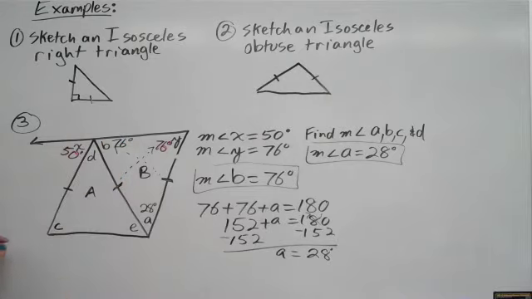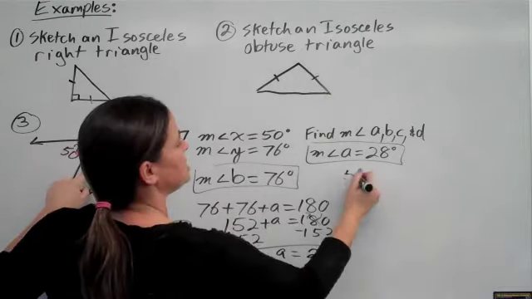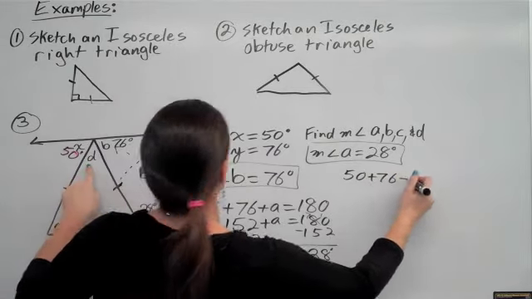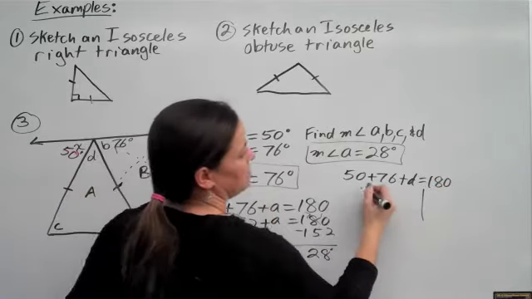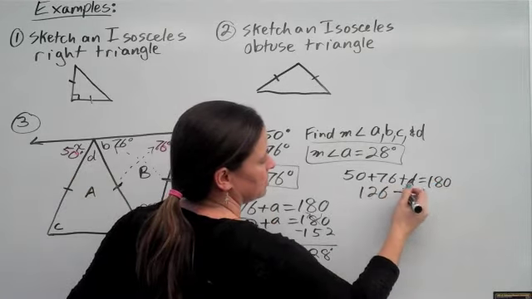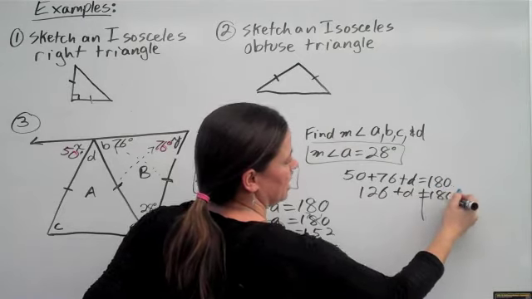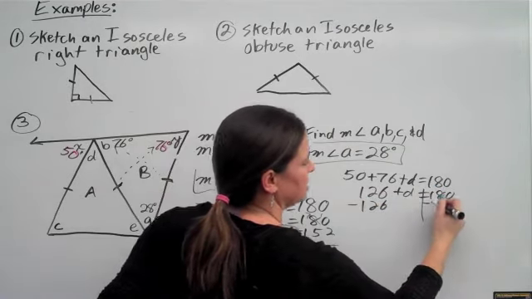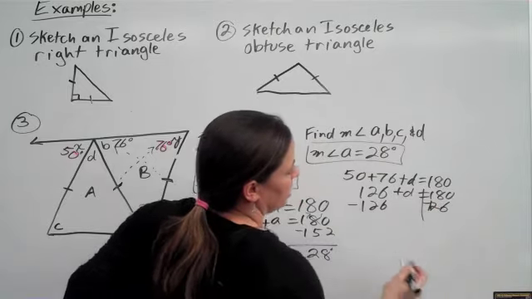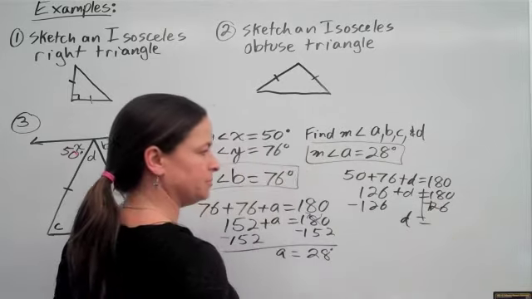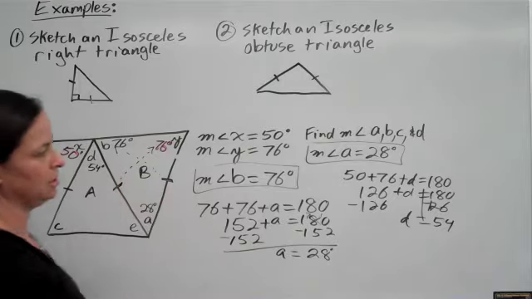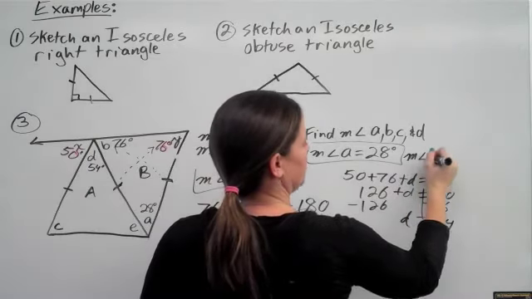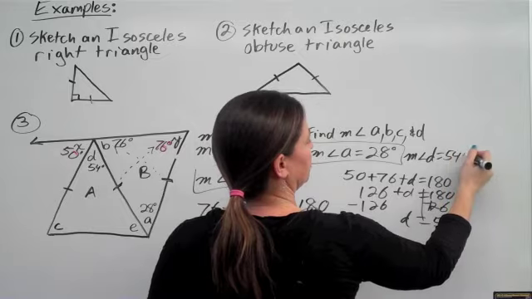So I have 50 plus 76 plus D equals 180. 50 and 76 is 126 plus D. If I subtract 126 from both sides of the equation, I end up with D equaling 54. So the measure of angle D is 54 degrees.